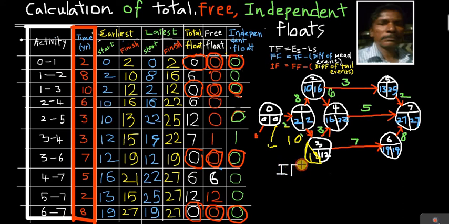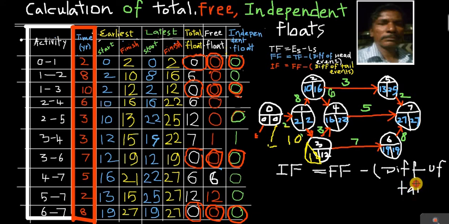What is the formula? Independent float is equal to free float. The free float we have already calculated for that activity 3 to 4, minus the difference of the tail event. Previously it was the head event, now it is the tail event.